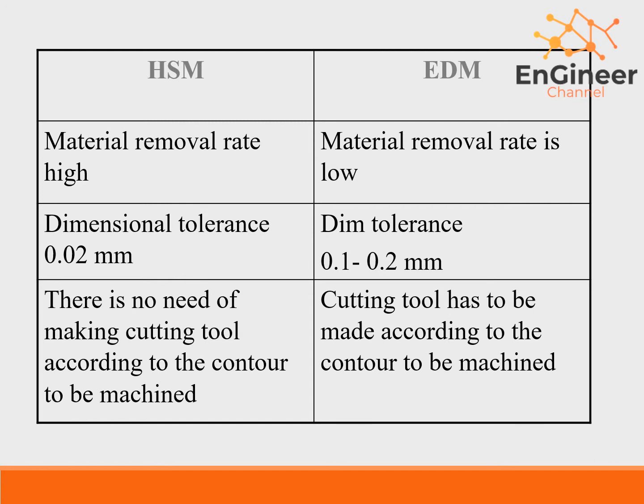In HSM we have a dimensional tolerance of 0.02 mm, but in EDM the dimensional tolerance is between 0.1 to 0.2 mm. In HSM there is no need to make the cutting tool according to the contour to be machined. In EDM, the cutting tool has to be made according to the contour to be machined.